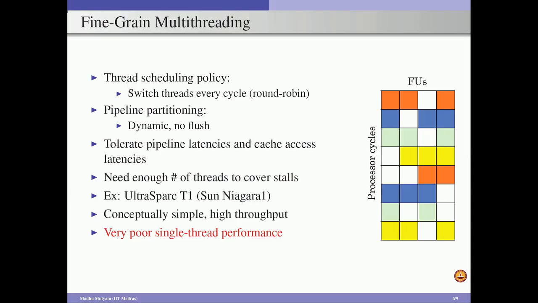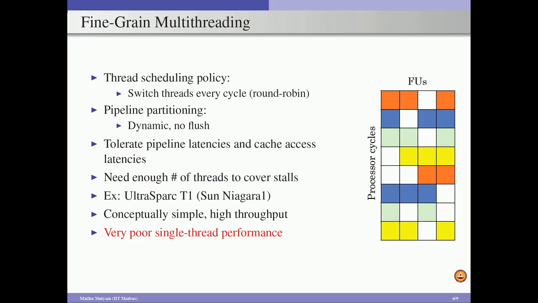If we have, let us say, 4 threads in our processor, then in the first cycle we issue instructions from thread 1, in the next cycle from thread 2, in the third cycle from thread 3, and in the last cycle from thread 4, and in the fifth cycle we go back to thread 1 and continue. So effectively we are rotating between all these available threads, and by doing that we hide the latencies incurred by our instructions.